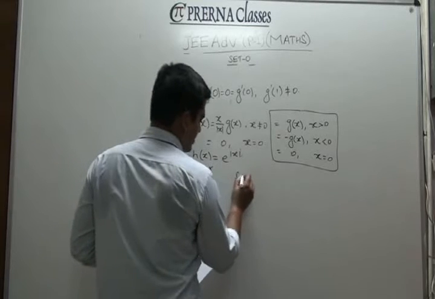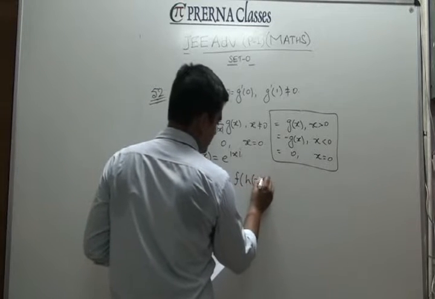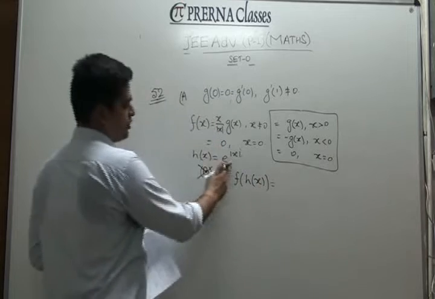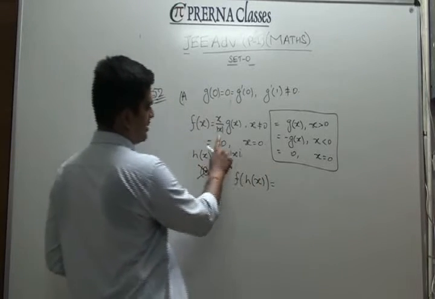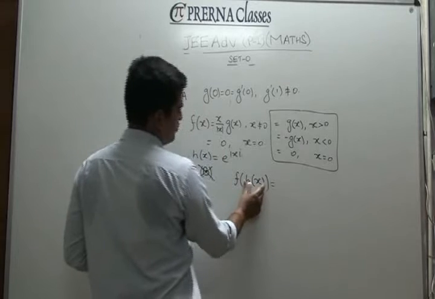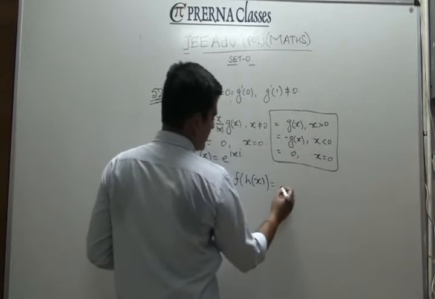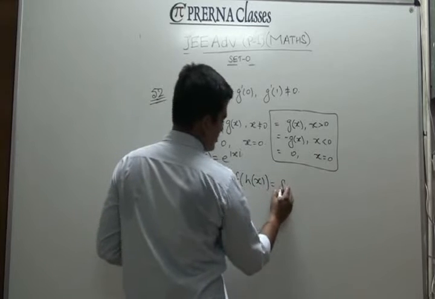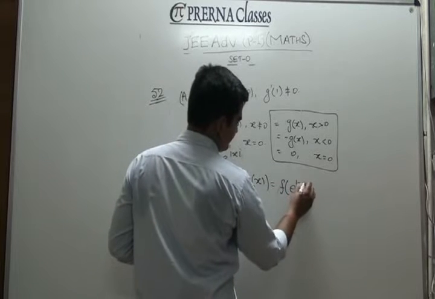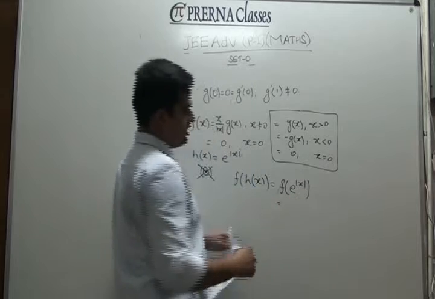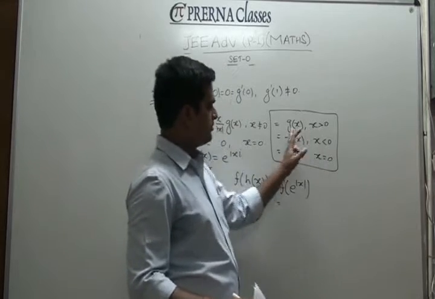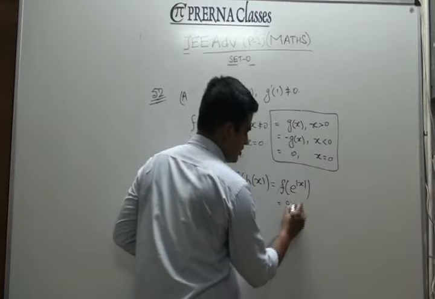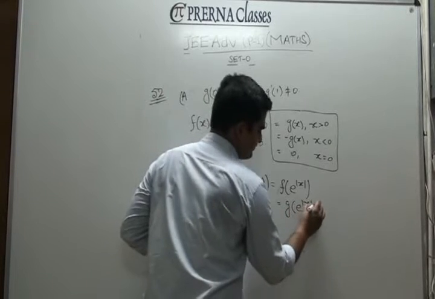Then you are looking at a composition f of h of x. Since h of x is always positive, you can check them. Since this value is always positive, there you have the differential value as g of x. Obviously then you can claim this relation in this way, where since this input is positive, the value is going to be g of that expression.